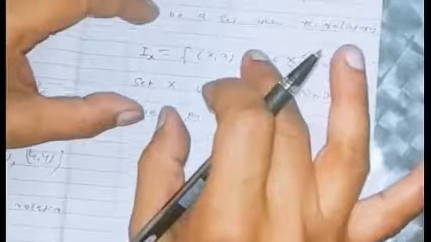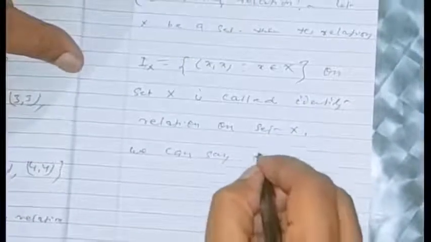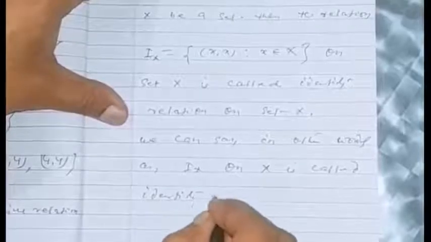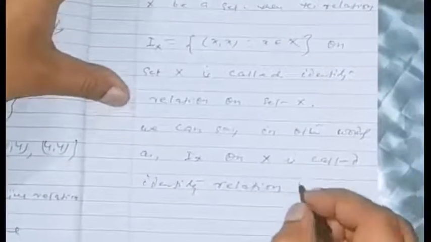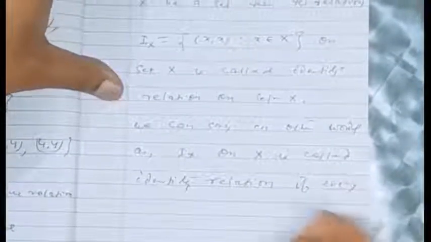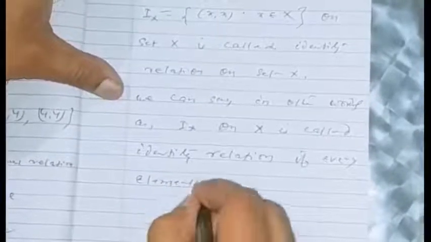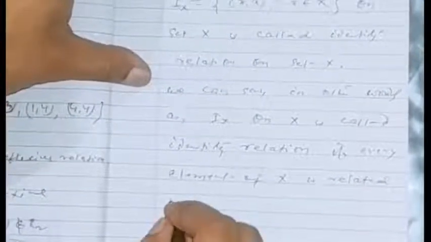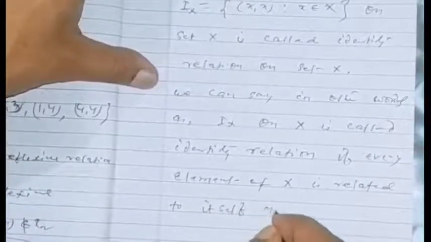We can say this matter in other words: I_X on X is called the identity relation if every element of X is related to itself only.